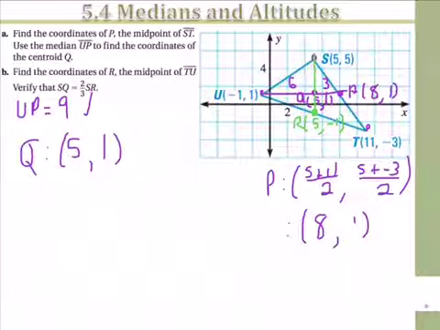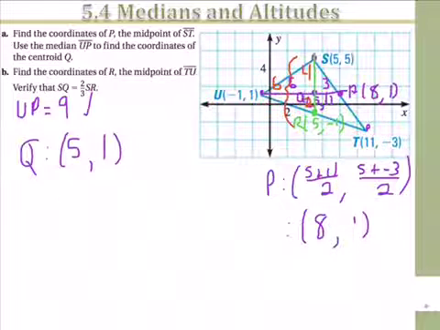So from S to Q is, notice how these all have the same x-coordinate, but from S to Q is a distance of, let me pick a color to write in here, 4. I really wish I could zoom in, but I can't, I'm afraid. 4. From Q to R is a distance of 2. And then this entire thing, from S to R, is a distance of 6. So that seems to check out also.